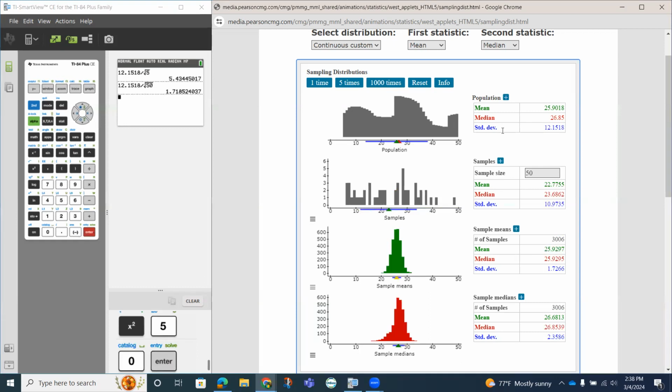But for the standard deviations, the standard deviation here was 12.158, while the standard deviation of the sample means, with the bigger sample size of 50, got much, much tighter. There was not as much variation from the mean. Again, hopefully you found that useful moving forward into the central limit theorem.